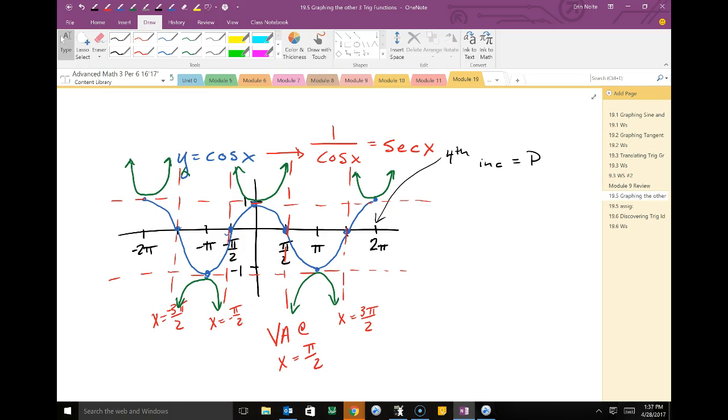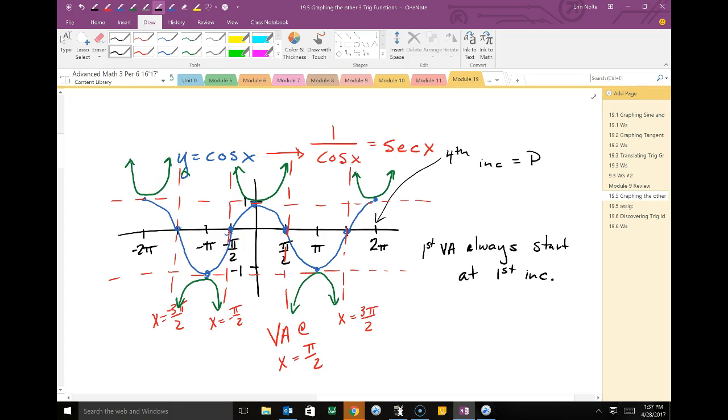Now I will tell you that the first vertical asymptote on a secant will always start at the first increment. So I'd probably write this down: the first vertical asymptote always starts at the first increment.